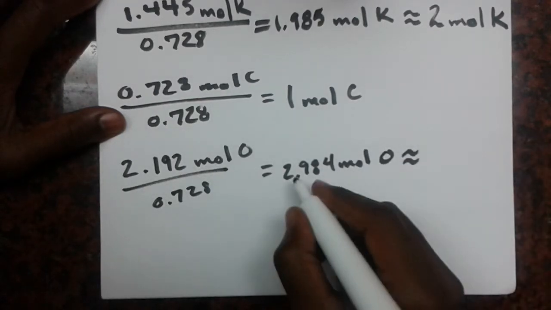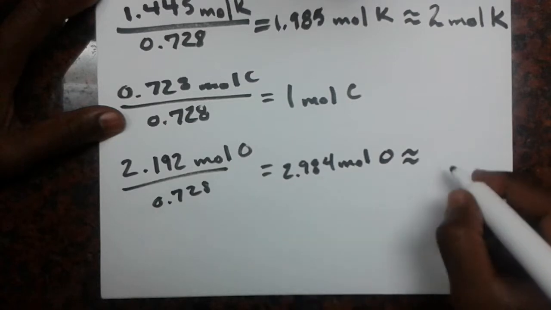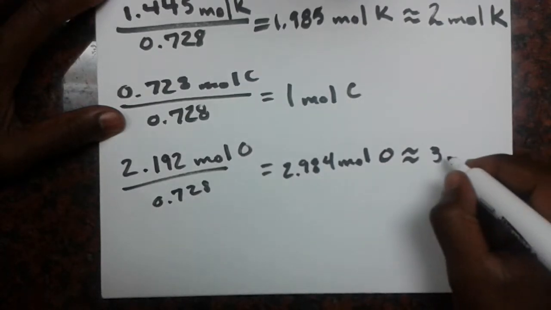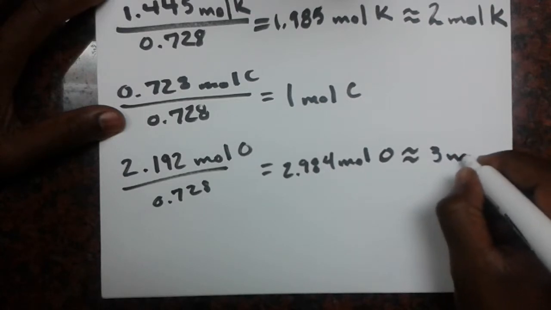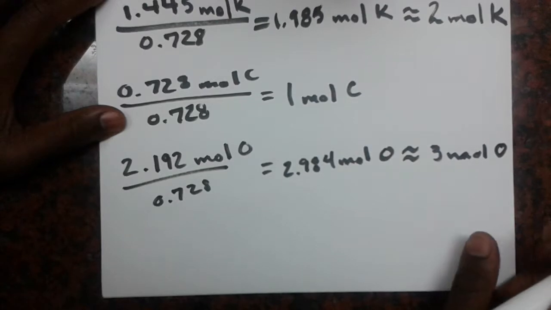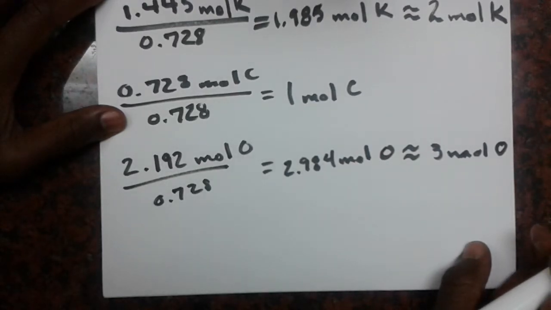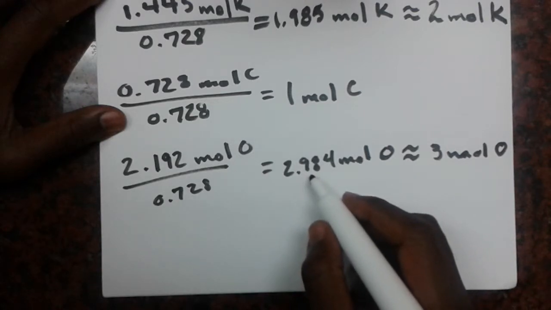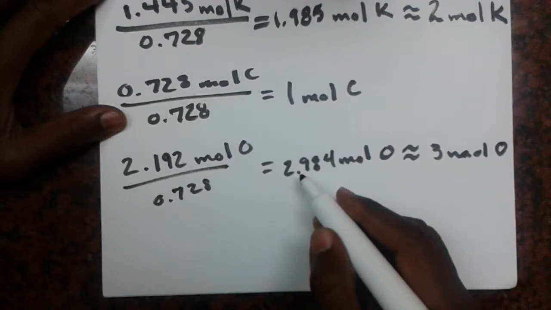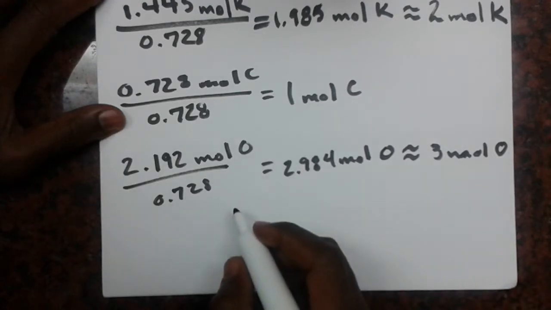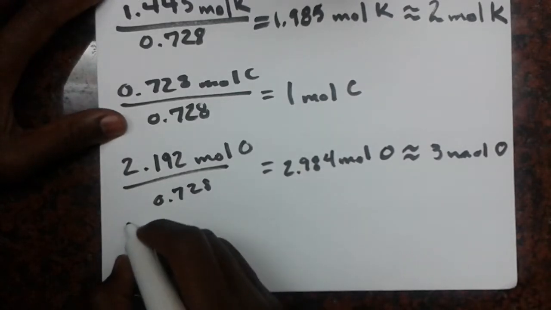And again, we see we have a value that's very nearly rounded up to the next integer. So we can take confidence in rounding up these values because it's essentially a very insignificant difference between 2.98 and 3. So in this case, this brings us to our final step.